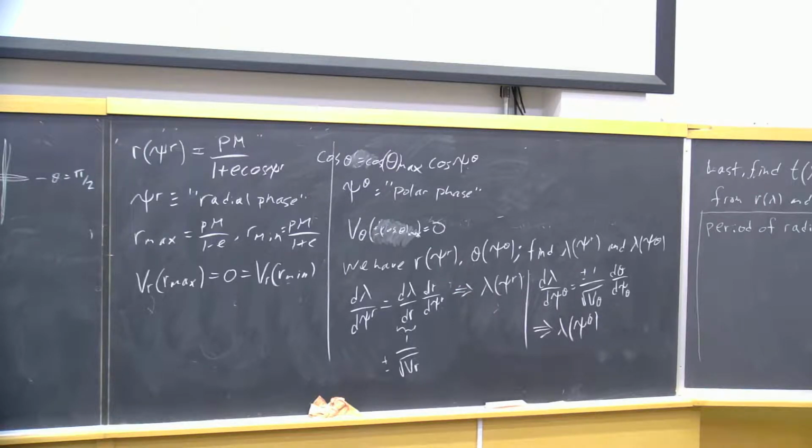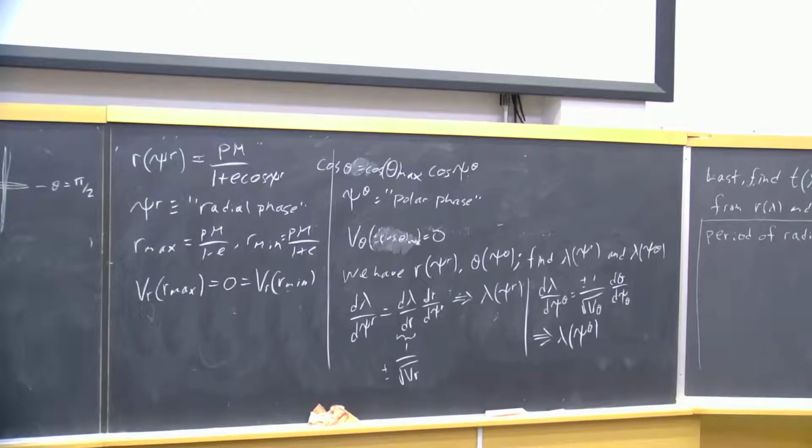So that's the integral of d lambda dr over 1 radial cycle, which we can write as the integral of dr over square root of Vr.